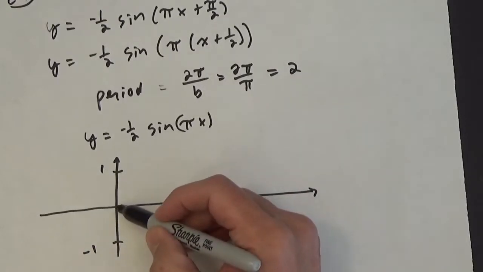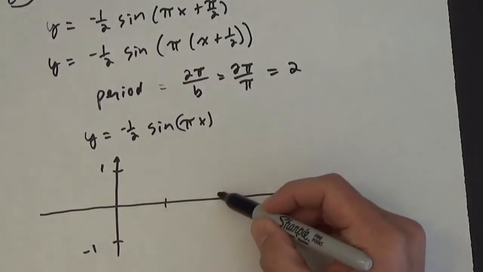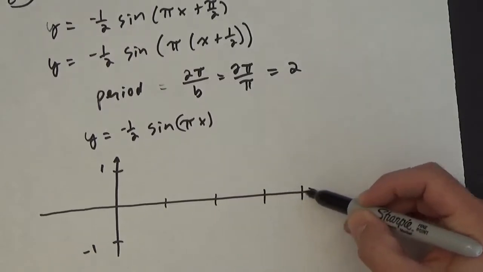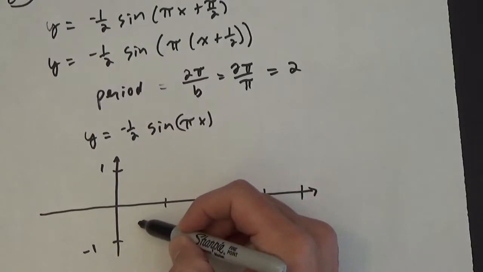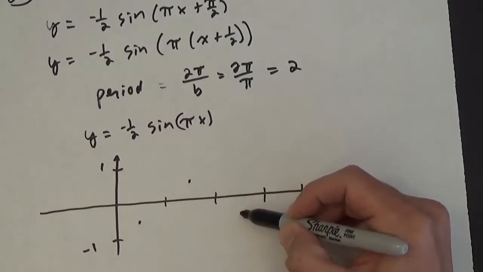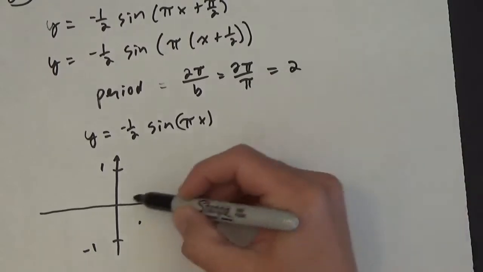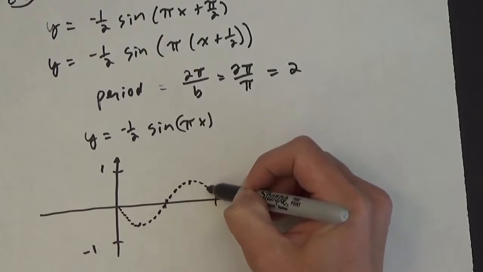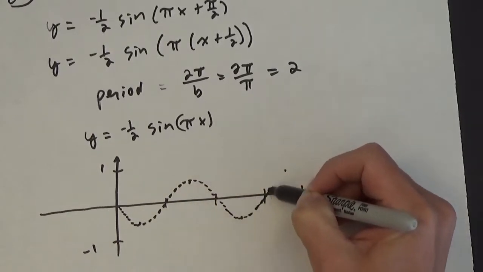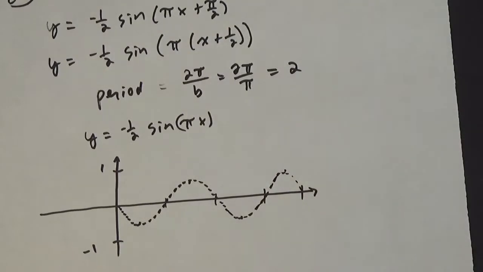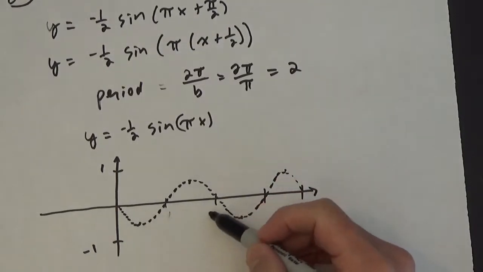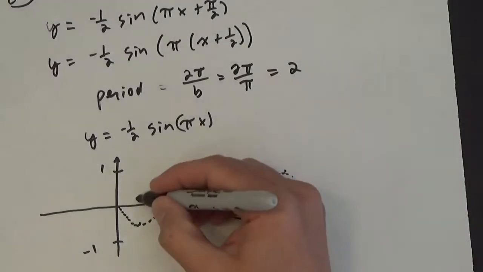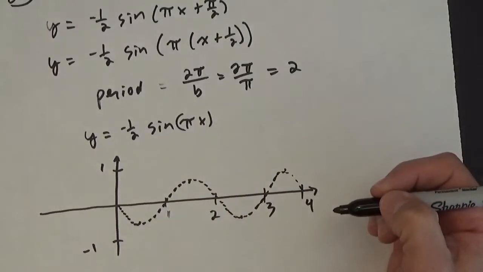So let's see here, 1, and now we have a period of 2, 3. It's going to look something like that. So this is 1, 2, 3, 4. And we're going from negative 1/2 to 1/2. Good.